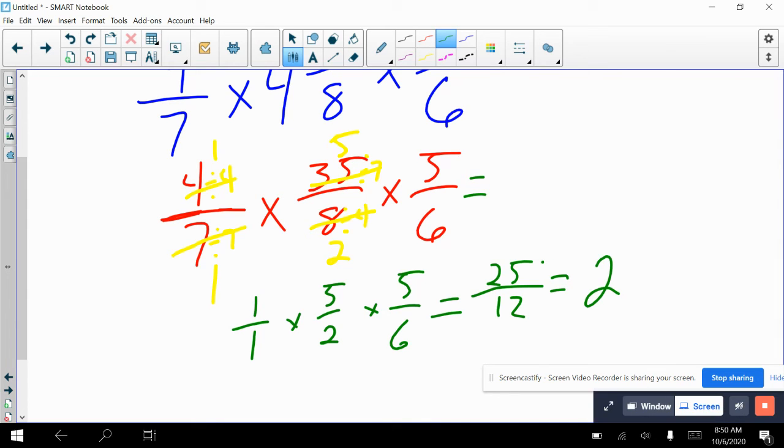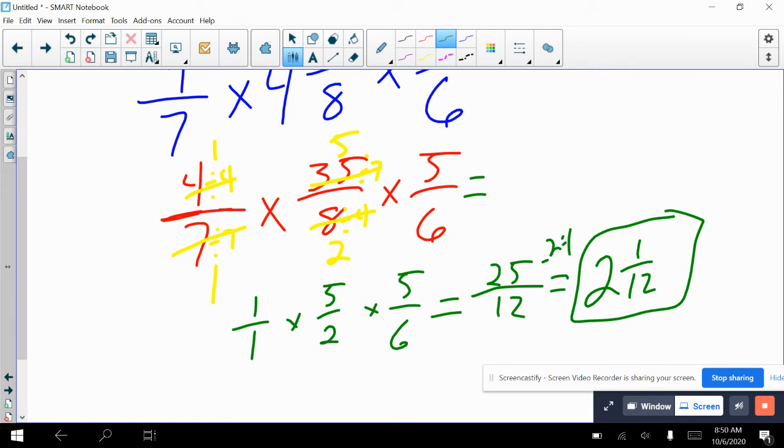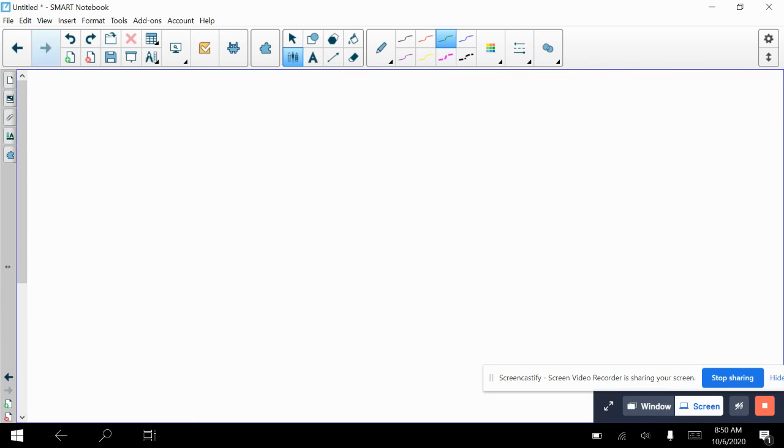That would be 2. 25 minus 24 is 1. We carry over our denominator. Our answer here is 2 and 1/12. All right. Last one.